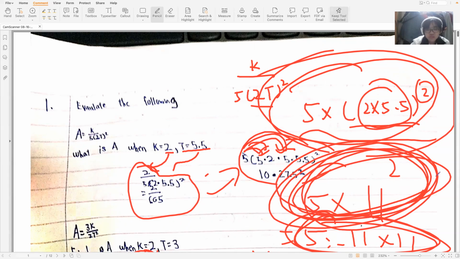5 times 11 times 11. Why? Because the 11 square means times 2 of the 11. There is no 2 of the 11. Your English is so bad. 11 square means times 11, 2 times 11.